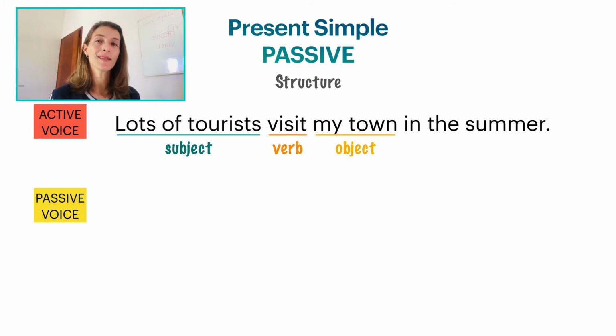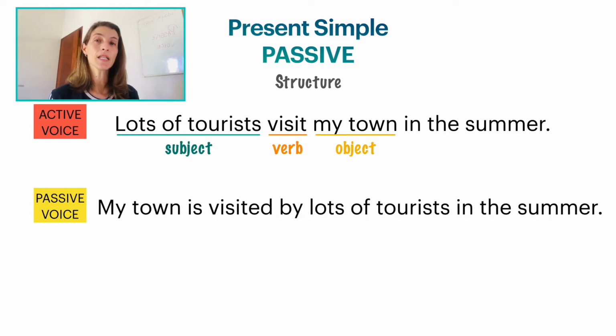Como dijimos antes, vamos a focalizarnos más en quien recibe la acción y no en quien la ejecuta. So, my town is visited by lots of tourists in the summer. Mi ciudad es visitada por un montón de turistas durante el verano, en el verano.